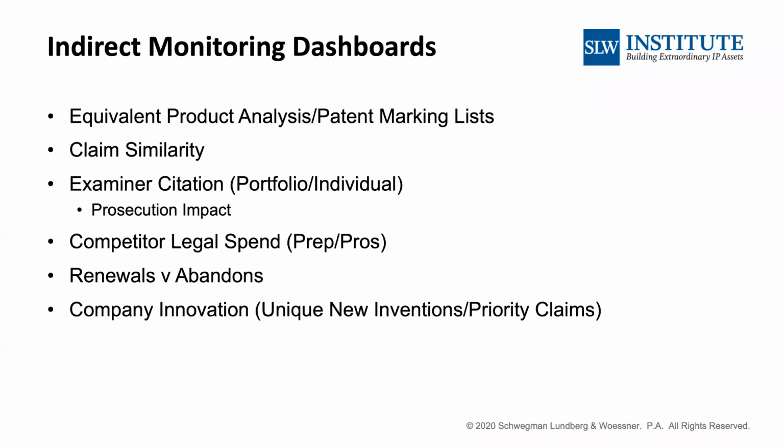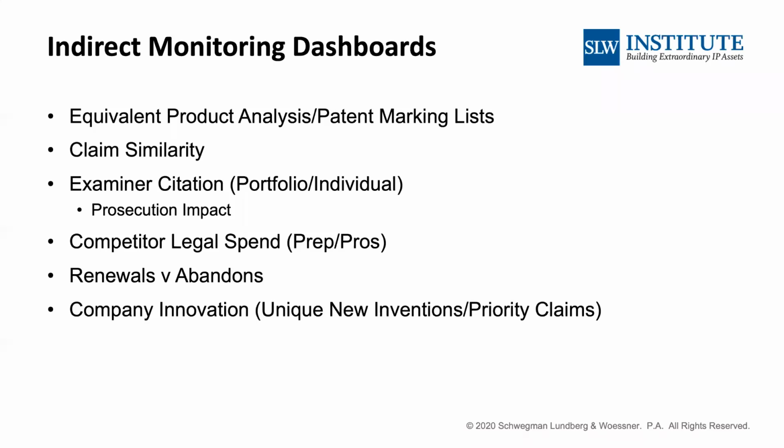We can tag things based upon claim similarity. If you're looking for a semantic review, you can run groups of patents for similarity in the claim structure or the claim noun phrases, and mark them that way, so you can look very quickly across a number of patents owned by various individuals and say, these are all clustering into a similar area.